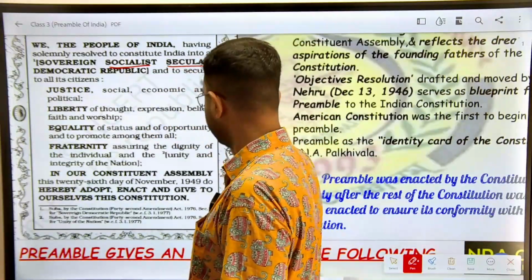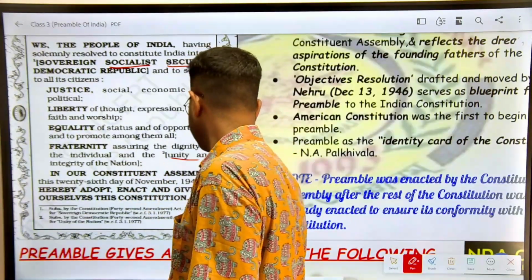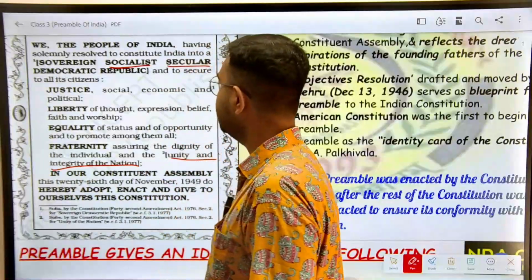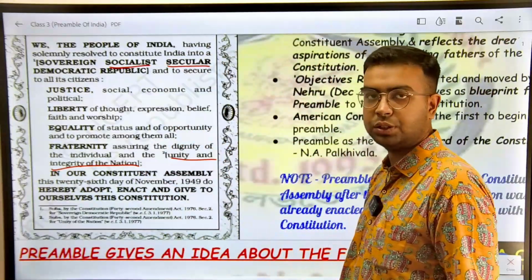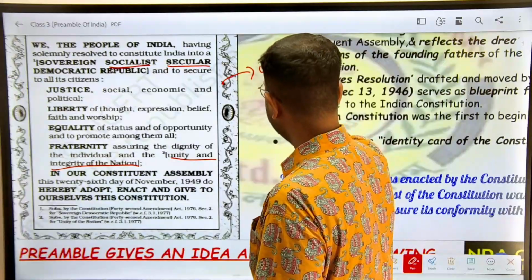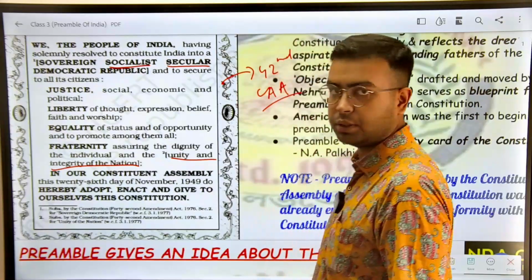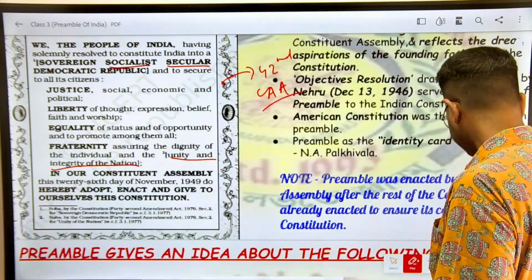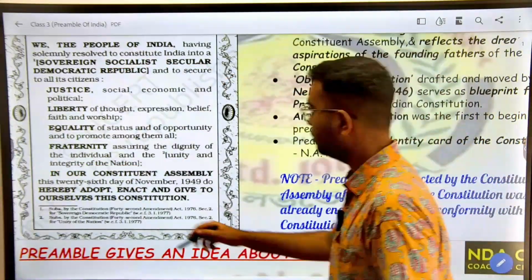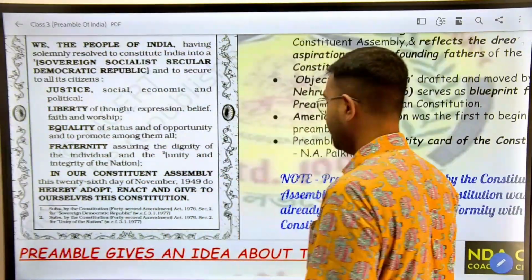Socialist, secular, unity and integrity of the nation. These things were not present in the original constitution, in the original preamble. They were added by the 42nd Constitutional Amendment Act. I hope it's clear to everyone.